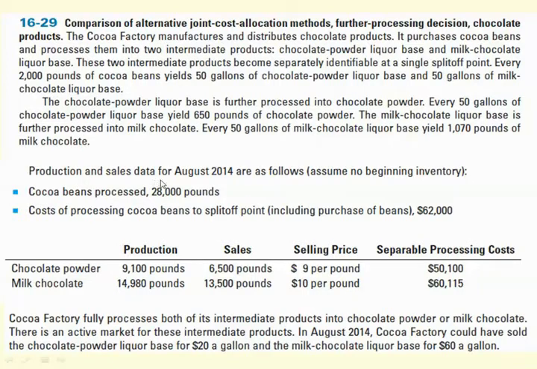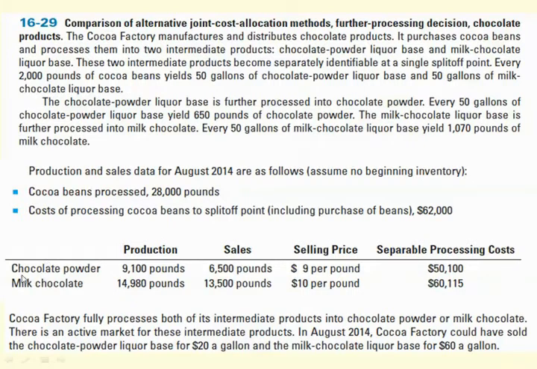Production and sales data for August 2014 are as follows, assuming no beginning inventory. Cocoa beans processed: 28,000 pounds. Costs of processing cocoa beans to split-off point, including purchase of beans, is $62,000.